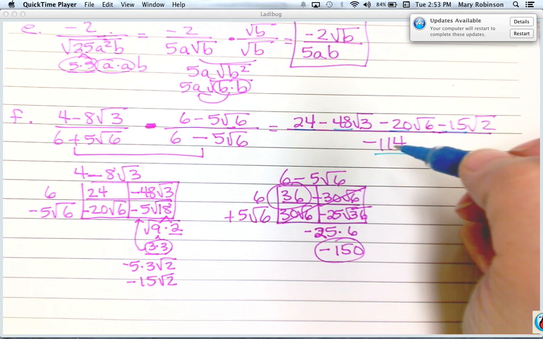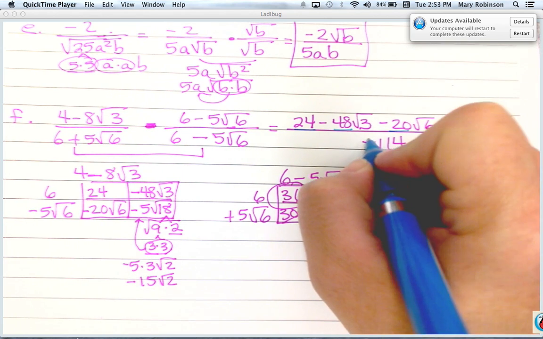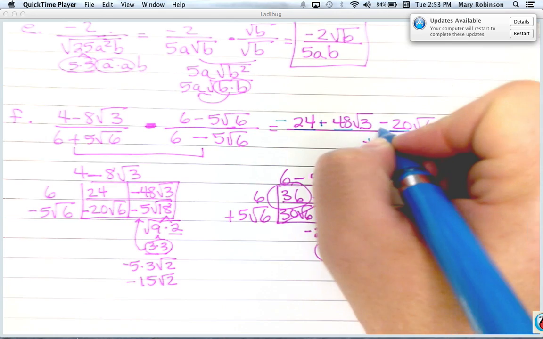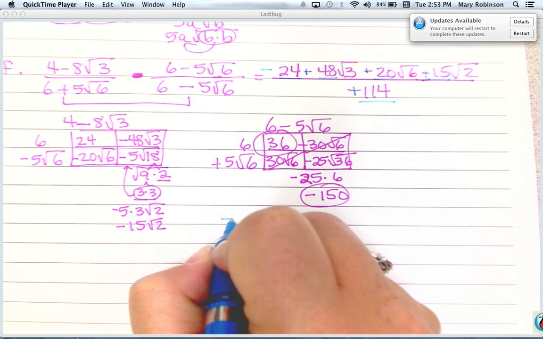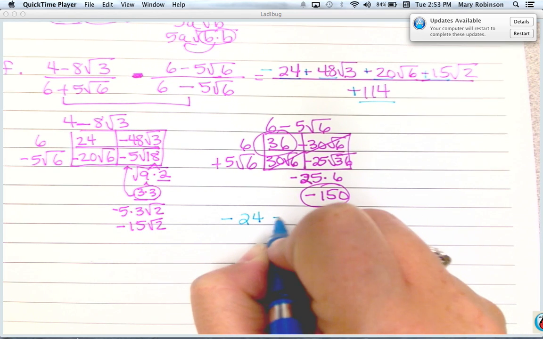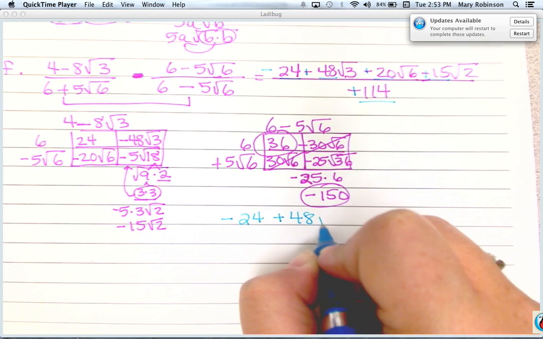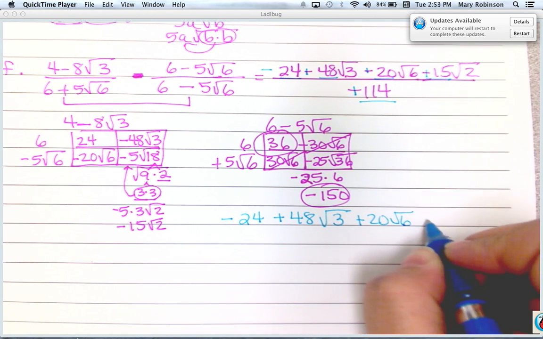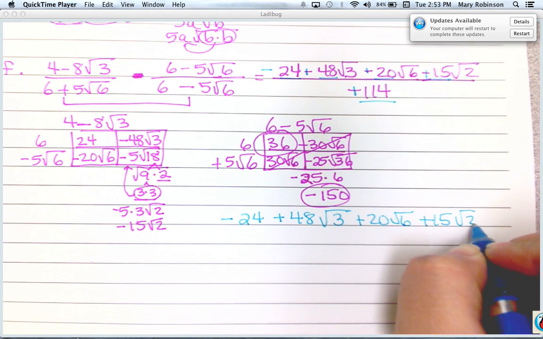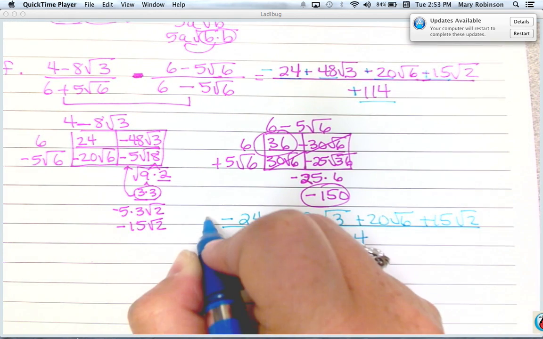If your denominator ever ends up negative, then you'll want to change all of your signs. So our final answer should be negative 24 plus 48 square roots of 3 plus 20 square roots of 6 plus 15 square roots of 2 all over 114.